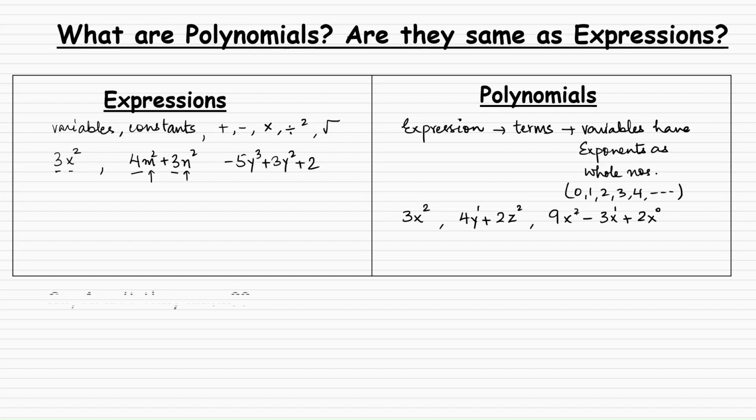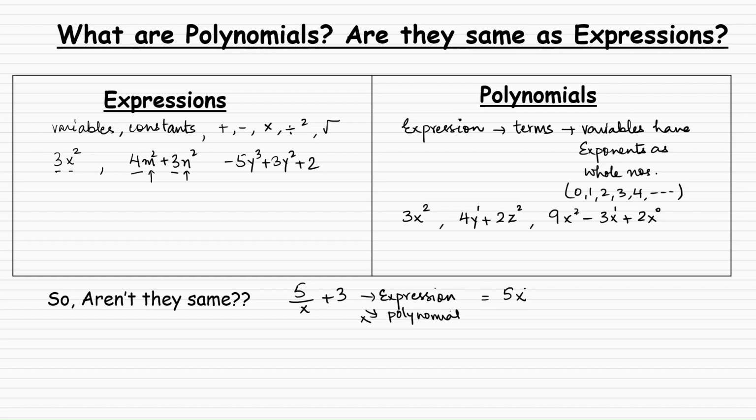They are different. They are not the same because if I write 5 over x plus 3, it is an algebraic expression because it is the combination of the constants 5, 3, variable x, and then division and addition. But it is not a polynomial. Why is it not a polynomial? Because I can write this expression as 5x to the exponent minus 1 plus 3.